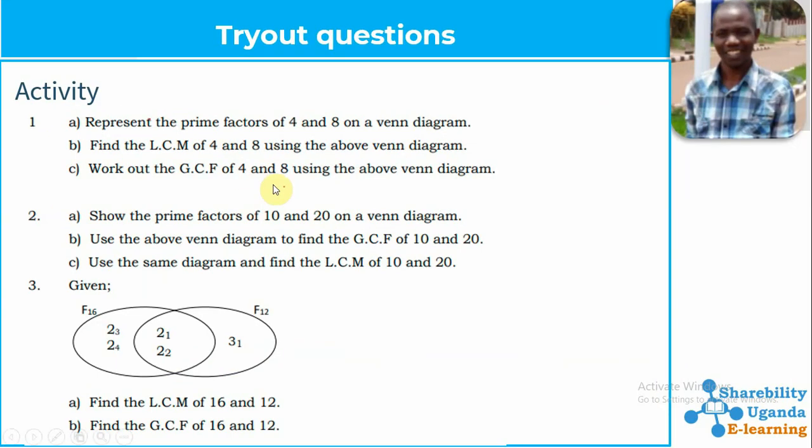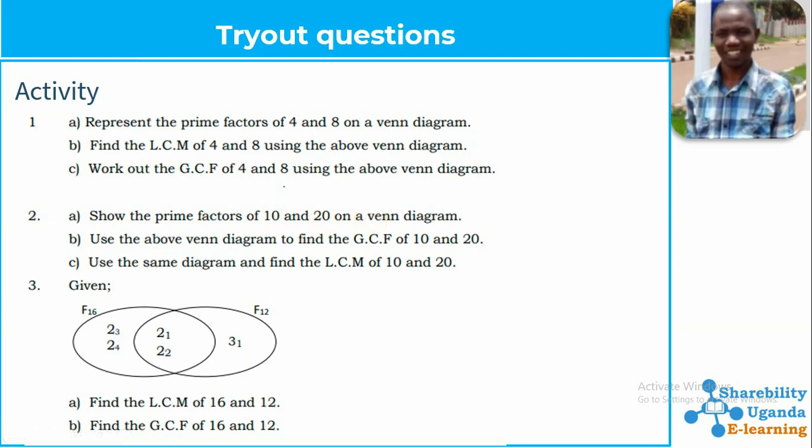So these are our questions. Yesterday in our recent video we looked at question 1. In this video we shall look at question 3, because question 2 has the same workings as question 1.